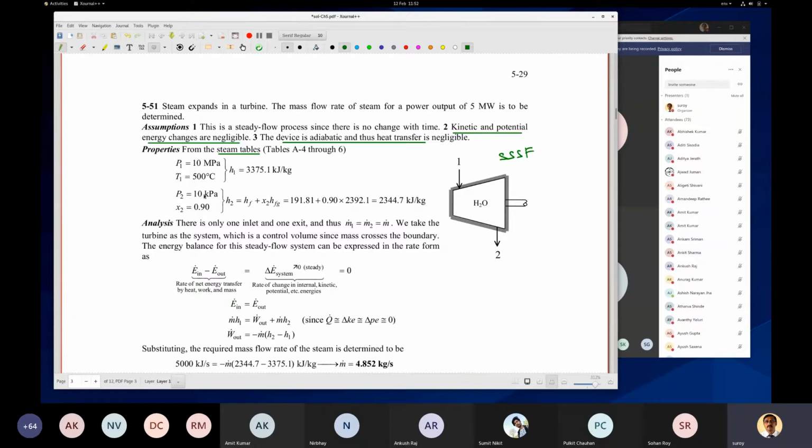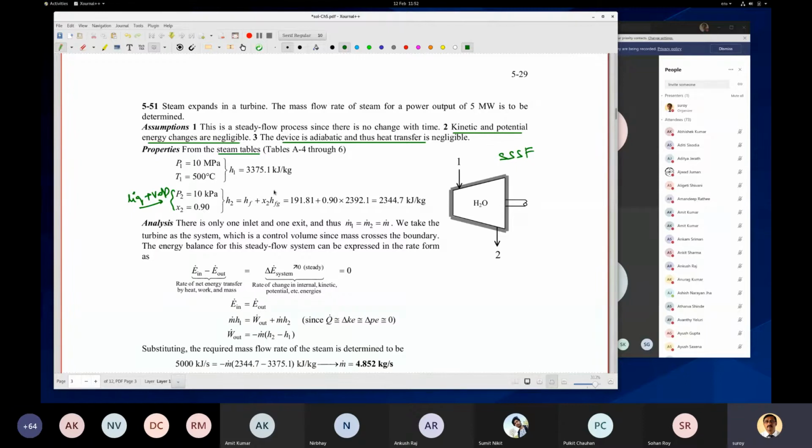But in this case, here it is liquid plus vapor. This is liquid plus vapor. So X2 is given, which is 0.9.